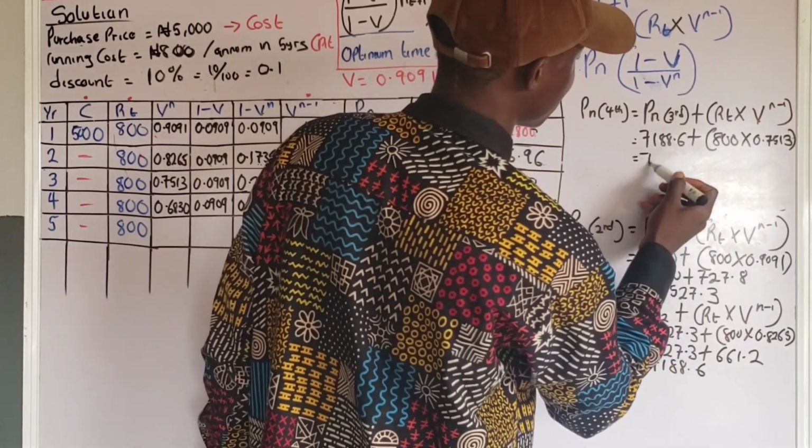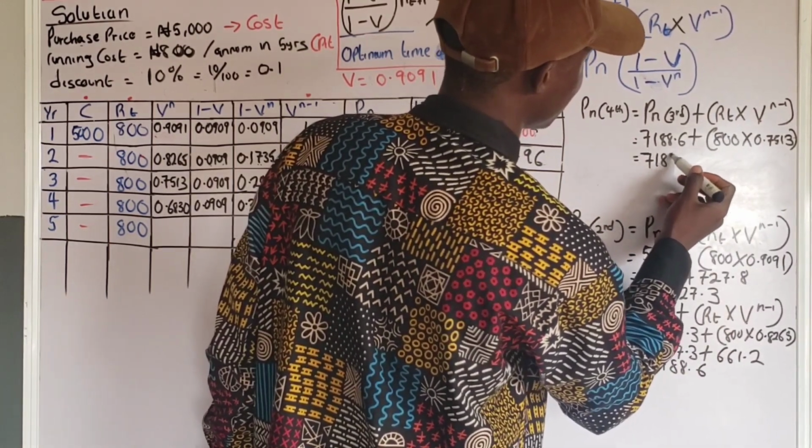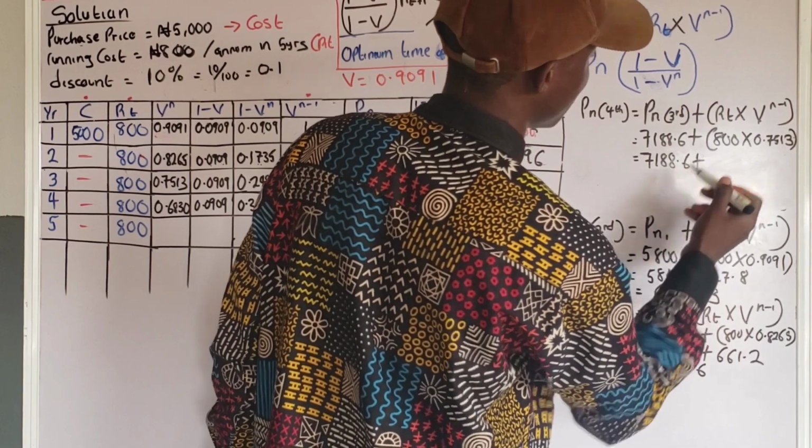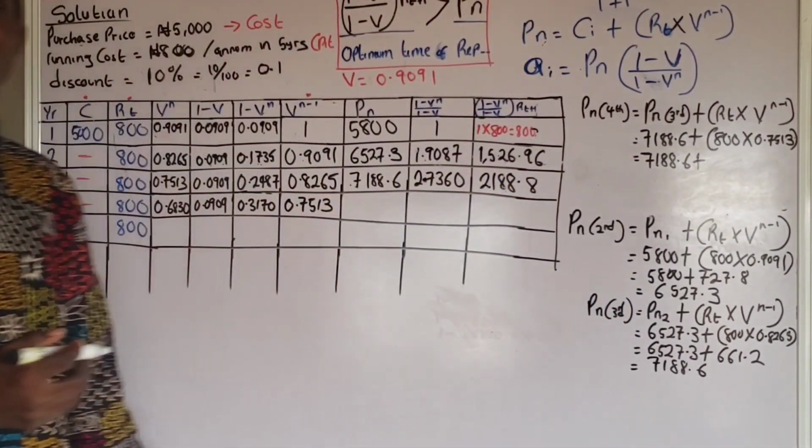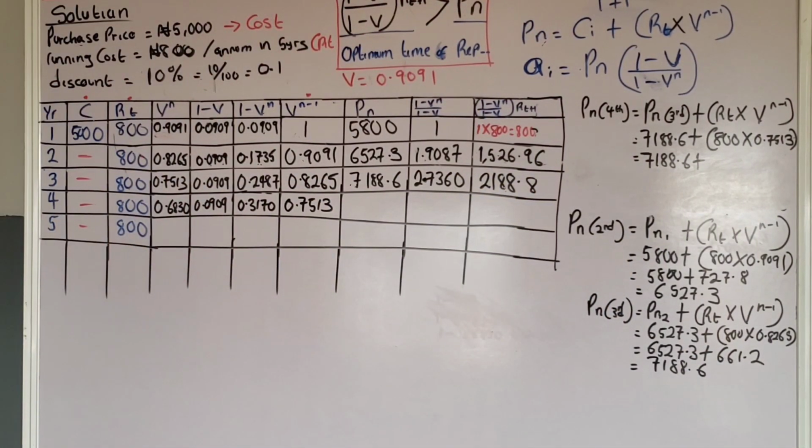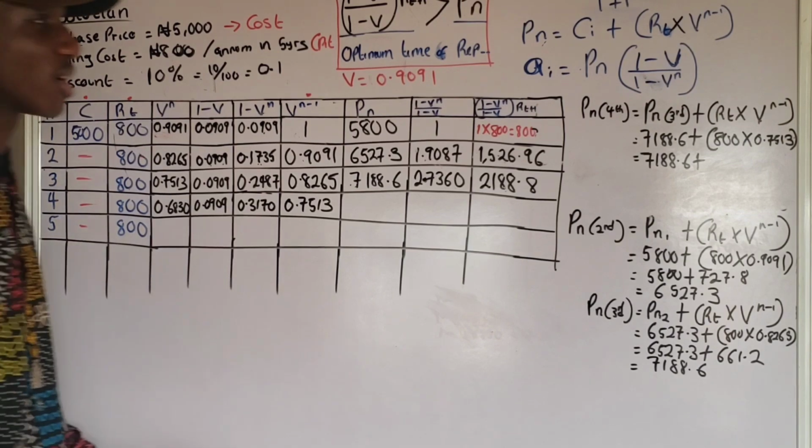So here I'm going to have 7188.6 plus 800 multiplied by 0.7513. Let me check. 800 multiplied by 0.7513 is 601.04. Yeah, it's correct.